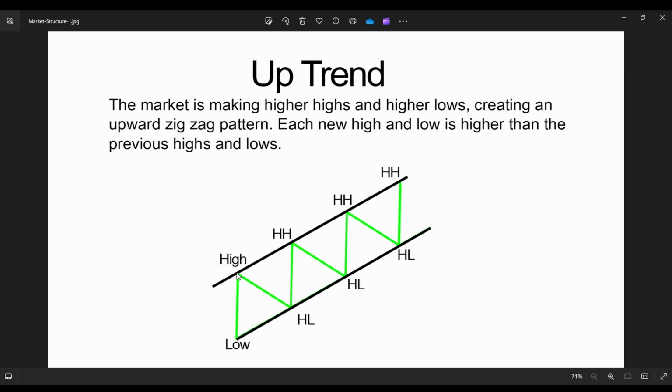Once price comes down and makes a higher low than the previous low, we can only deem this to be a higher low when we make a new higher high, okay? So this high has to be higher on the chart than the previous high, and this low has to be higher than the previous low. And then we get a new higher low, and then a new higher high, and so on and so forth. That is an uptrend.